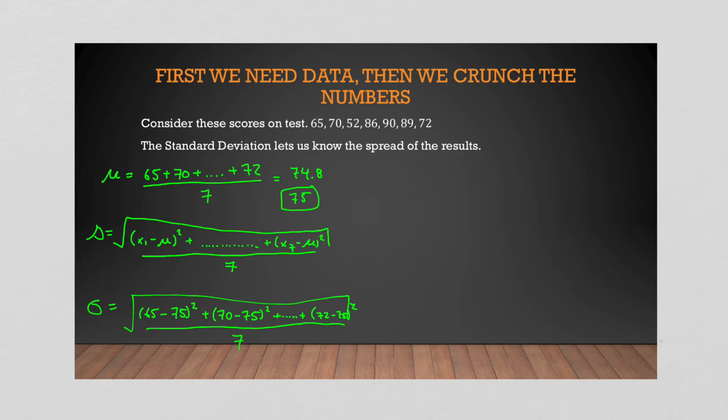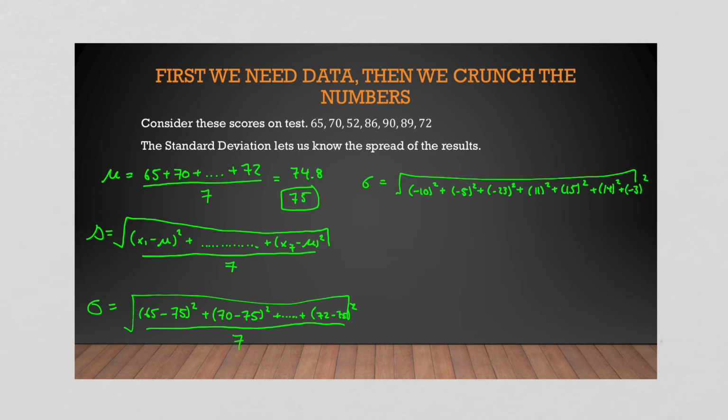So if I work that through, I end up with the square root of negative 10 squared plus negative 5 squared plus negative 23 squared plus 11 squared plus 15 squared plus 14 squared, and then plus negative 3 squared.